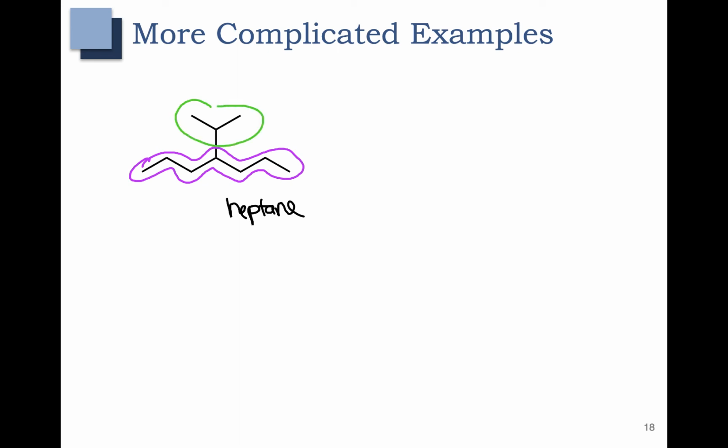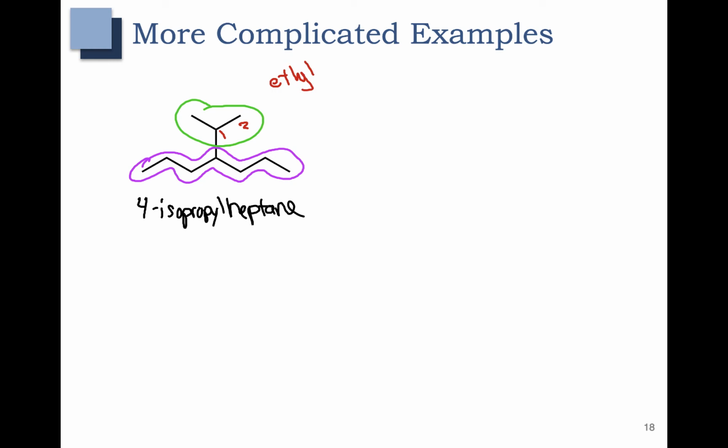So our substituent can be named either of two ways. You can recognize that it is an isopropyl group, and you can just say 4-isopropylheptane, or we can use the parentheses method where we say that our parent chain is 2 carbons long, starting at the point of attachment to the parent chain, 1, 2 carbons. So that becomes an ethyl group.